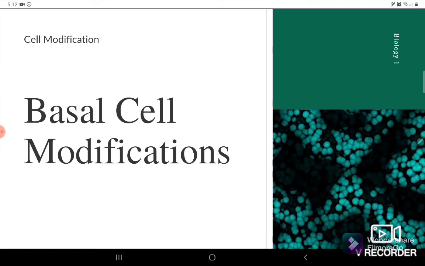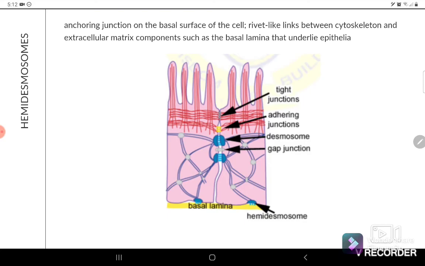Now let's proceed with the basal cell modifications. These are cell modifications that are made on the base surface of the cell. So we have first the hemidesmosomes. Hemidesmosomes are anchoring junctions on the basal surface of the cell.